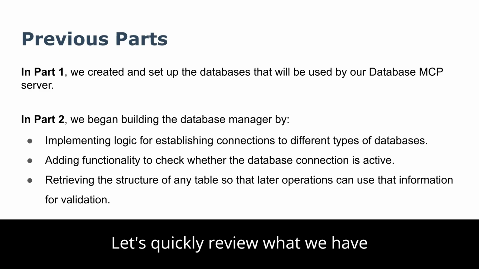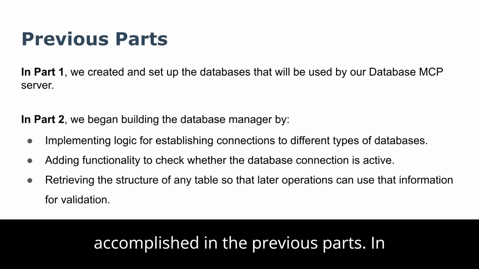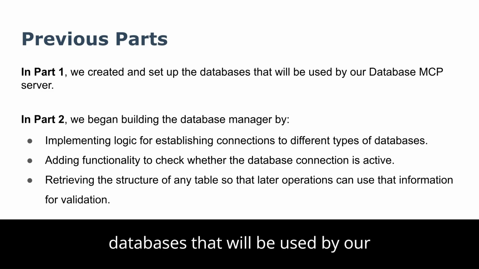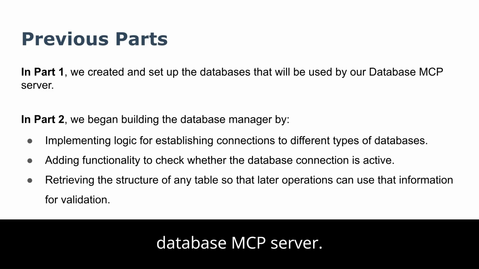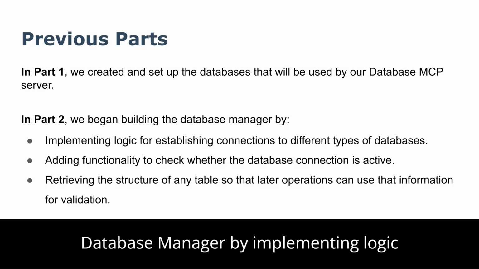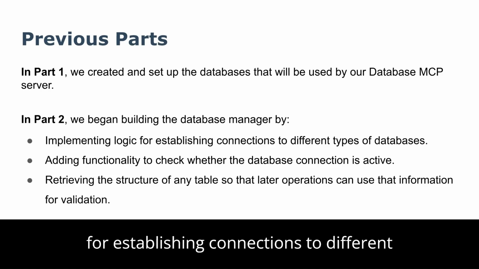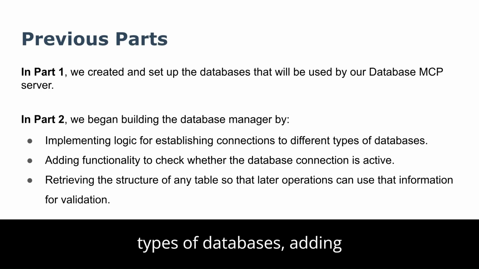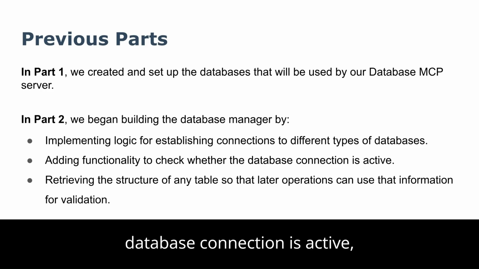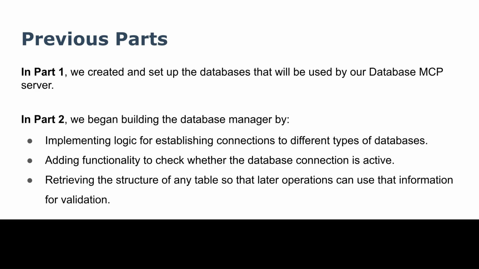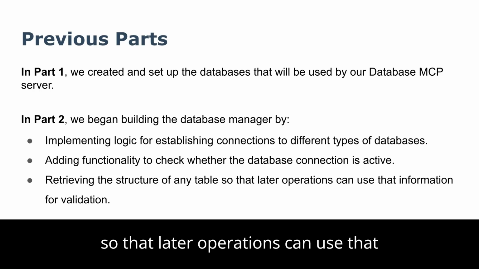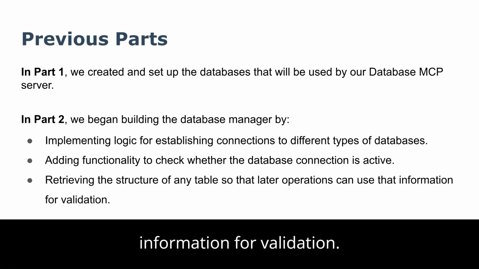Let's quickly review what we have accomplished in the previous parts. In part 1, we created and set up the databases that will be used by our database MCP server. In part 2, we began building the database manager by implementing logic for establishing connections to different types of databases, adding functionality to check whether the database connection is active, and retrieving the structure of any table so that later operations can use that information for validation.